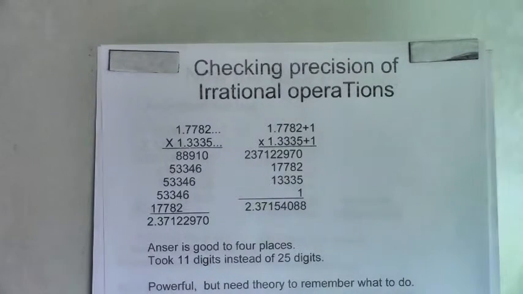So again, it only takes 11 digits to check that answer, as opposed to 25 digits if we had actually multiplied the 17782 and the 13336. So this, as we can see, is powerful.